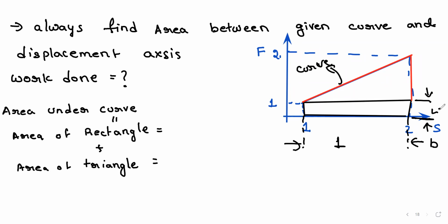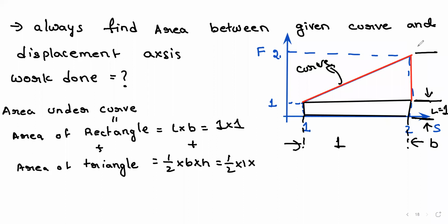So the area of the rectangle is L into B, 1 into 1, plus the area of the triangle. What is the area of a triangle? Half into B into H. So what is B here? 1. That's also H. Sir, how is the breadth 1?